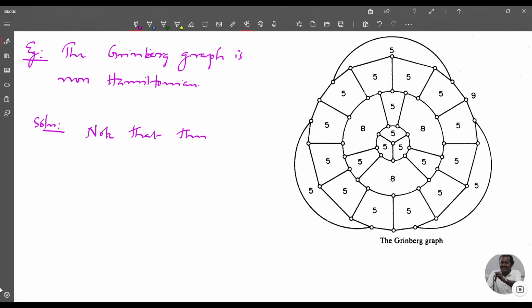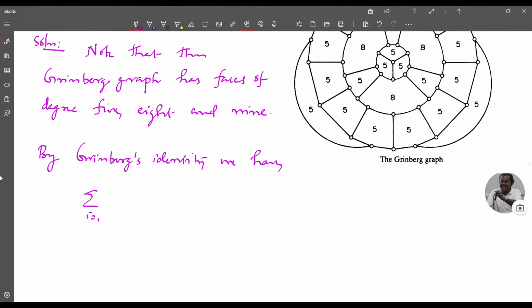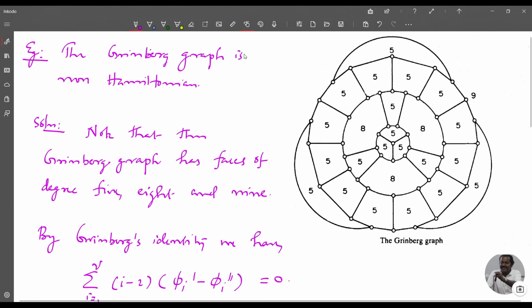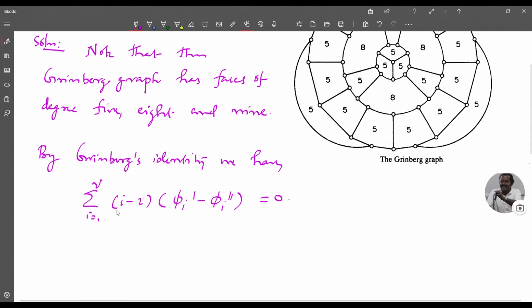So by Grinberg's identity, we have sum of (i minus 2)(φ_i' minus φ_i'') equal to 0. So this graph has only faces of degree 5, 8 and 9, so i is 5, 8 and 9.